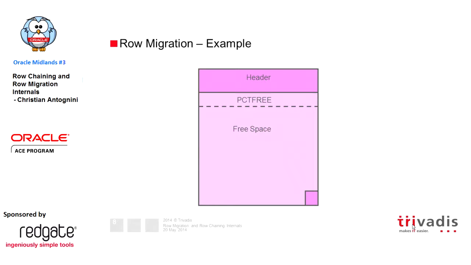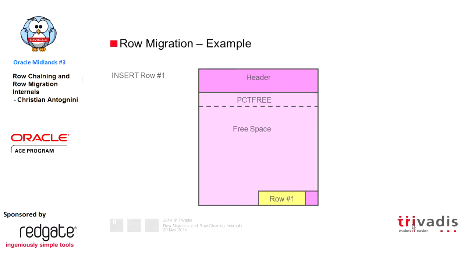Just an example. Let's take a free block. We have the header and the tail, which are always there, and then let's say that we have the PCTFREE set to something like 10% here. If we start inserting data, basically what Oracle does is start inserting the data in the block, and interestingly, it inserts the data at the end of the block. Why not at the beginning?